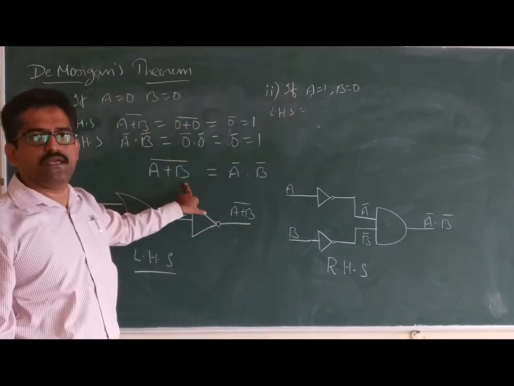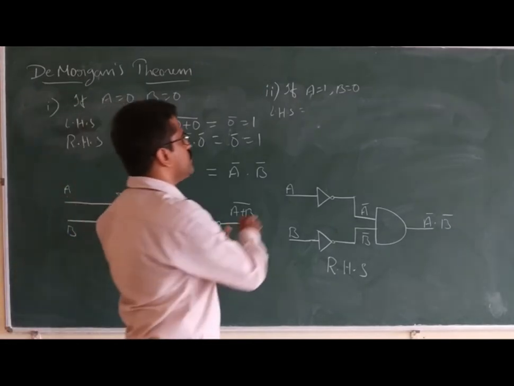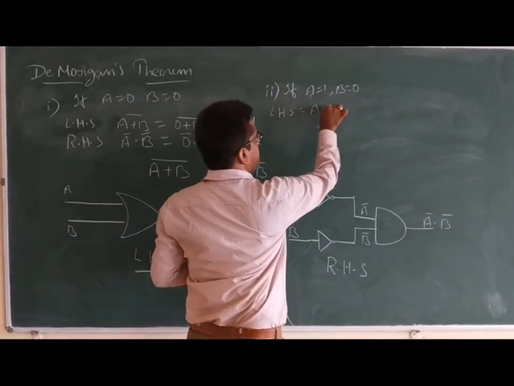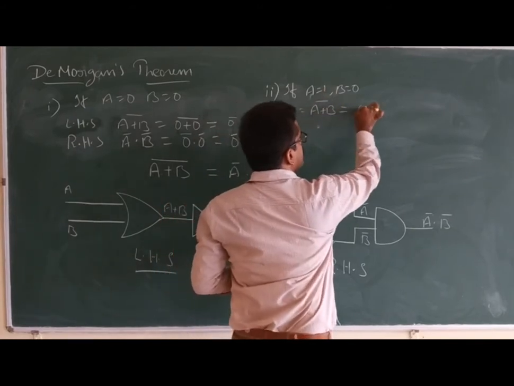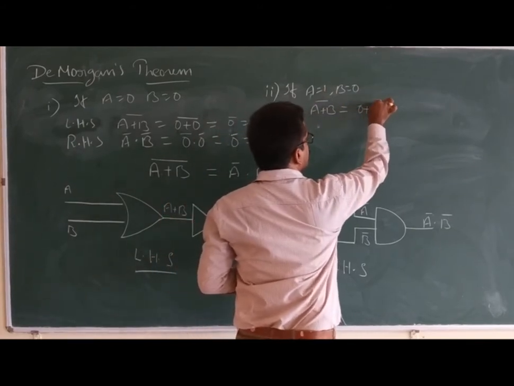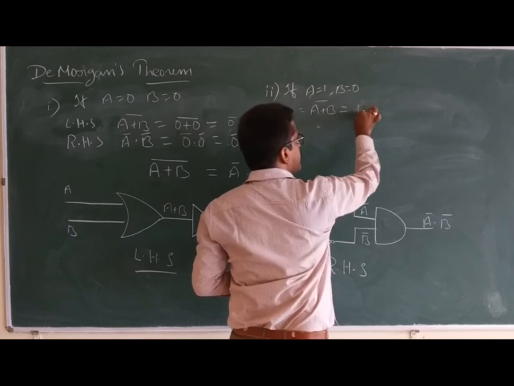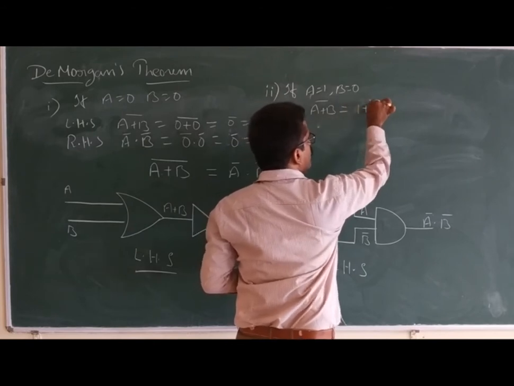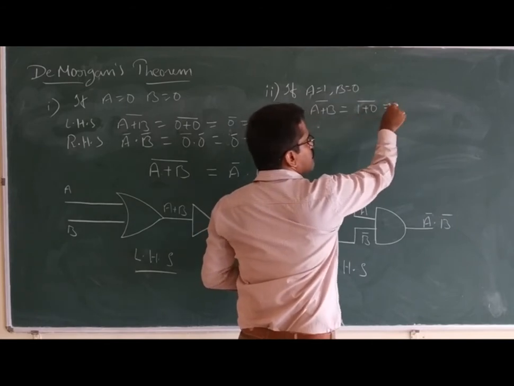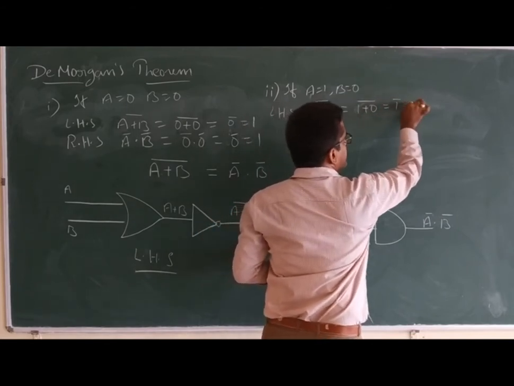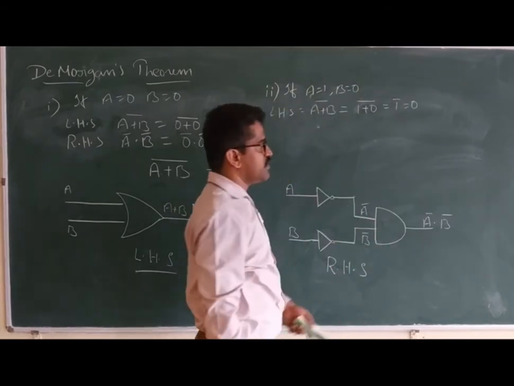A plus B whole complement. So A plus B whole complement is equal to 1 plus 0 whole complement. 1 plus 0 is 1, and 1 complement is equal to 0. You will get 0.